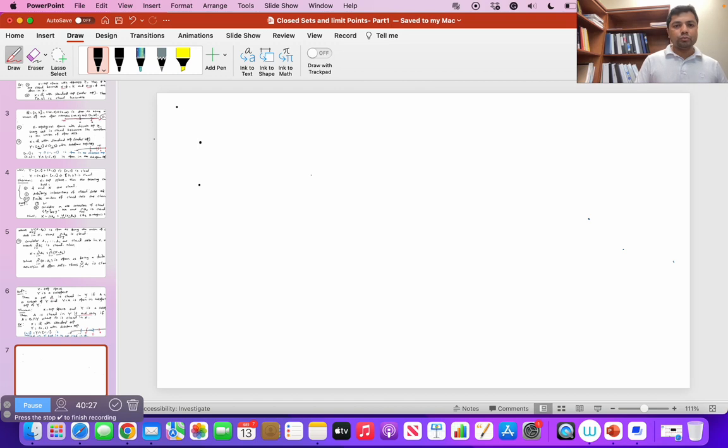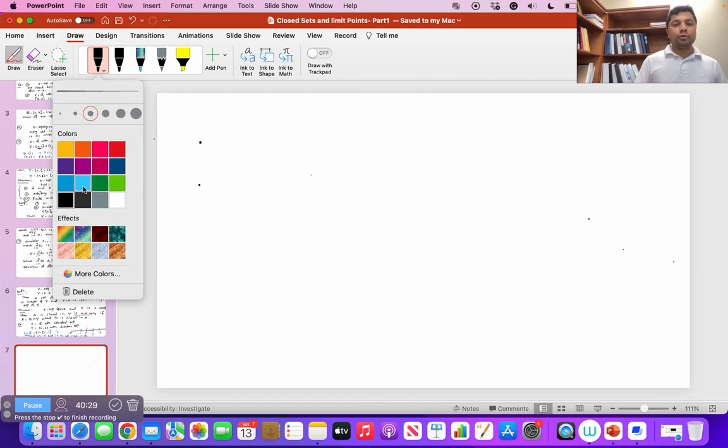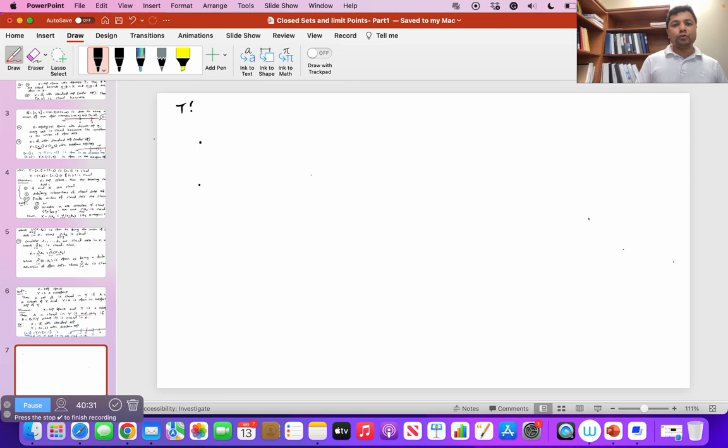I'm not going to prove this theorem. If you are interested in the proof, you can take a look in Munkres' book. This theorem tells you the criterion which makes sure that if you have a closed set in a subspace, it is also going to be closed in the bigger topological space.